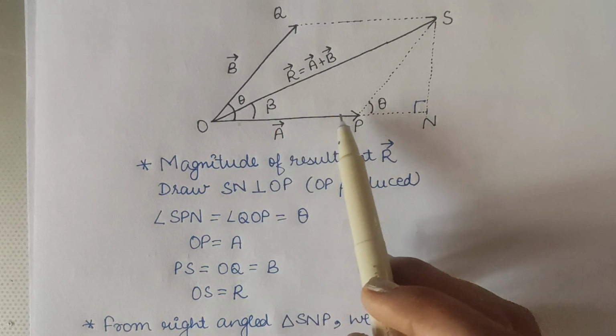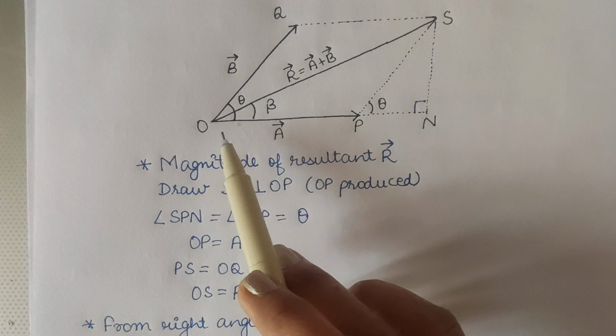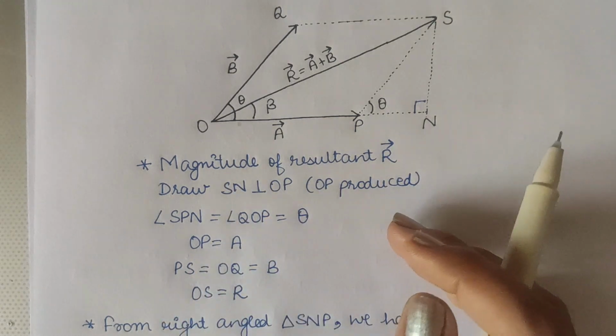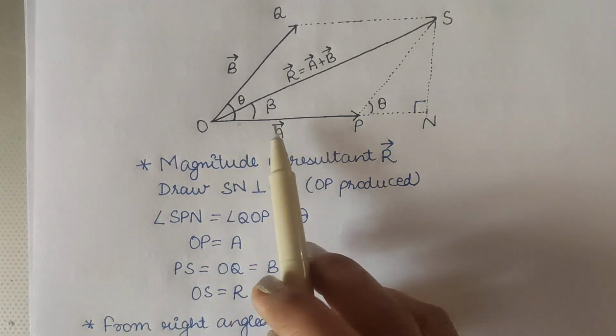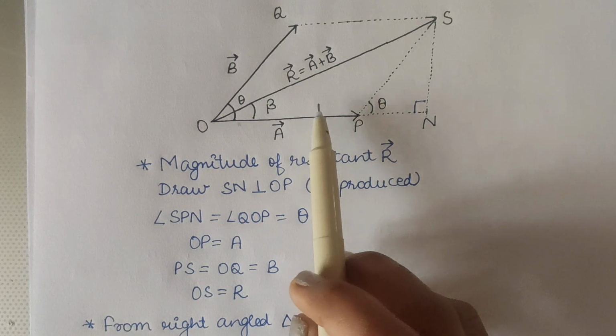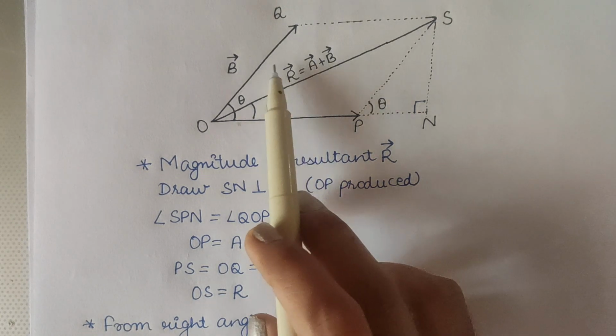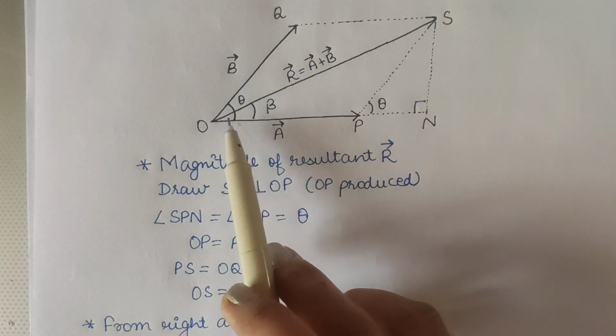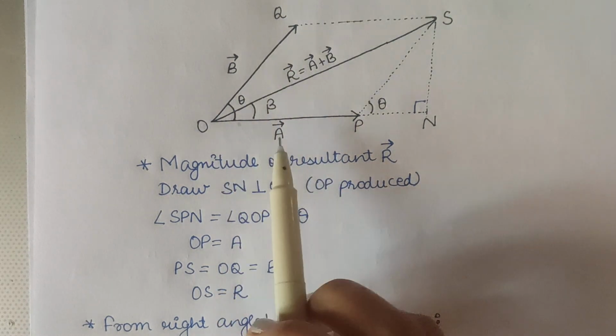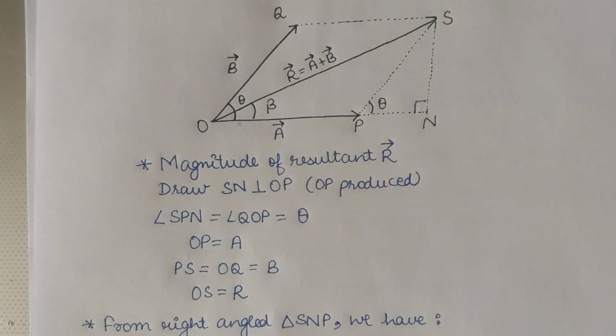We are considering vector A to be the base line, the reference line, and with respect to vector A's direction we are finding the direction of the resultant, and the angle theta represents the direction of vector B with respect to vector A.